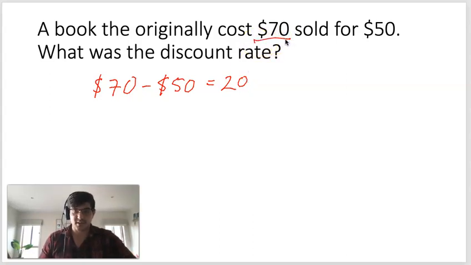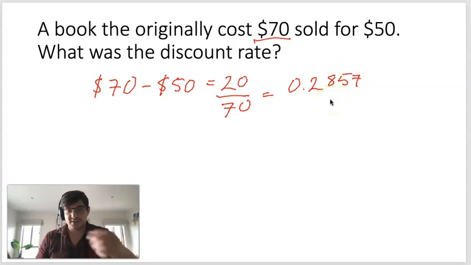So what is the percentage difference? To do that, we're going to go 20 divided by 70 is equal to 0.2857. Now we have this as a decimal amount. We're going to convert this decimal to a percentage.